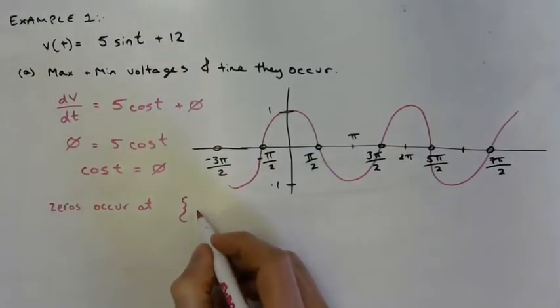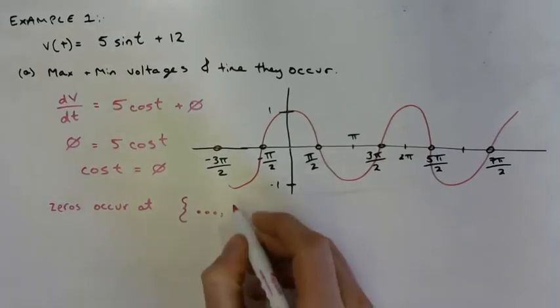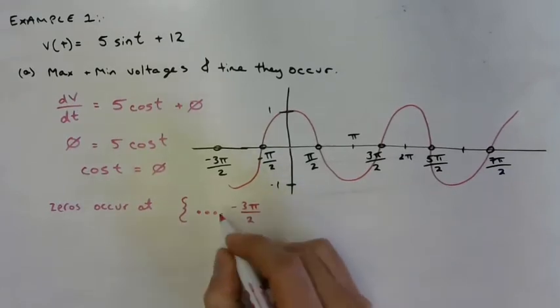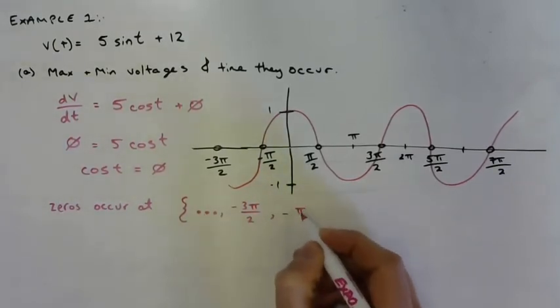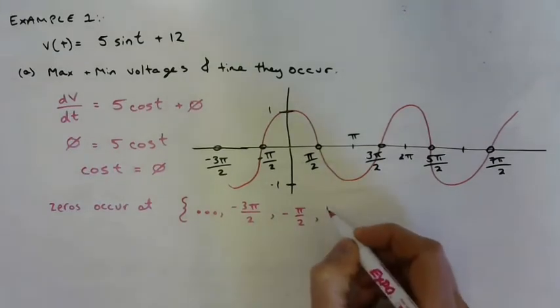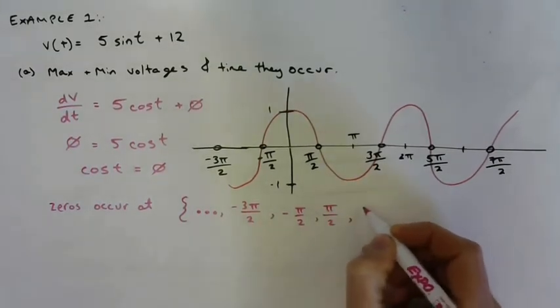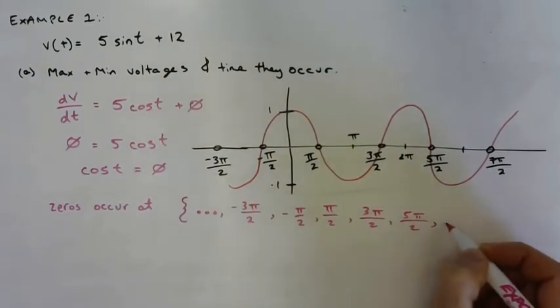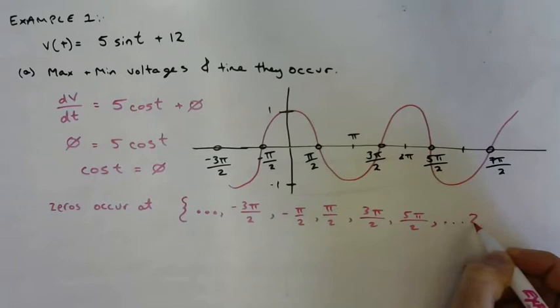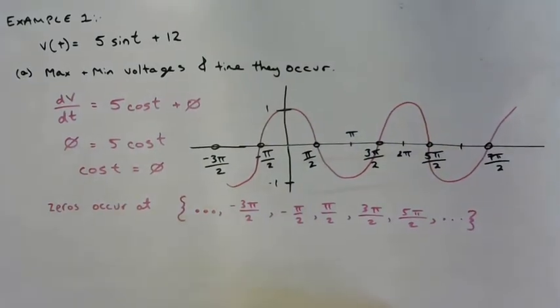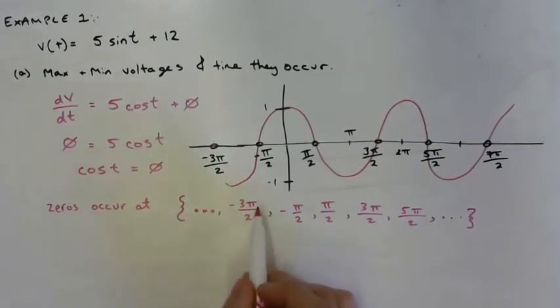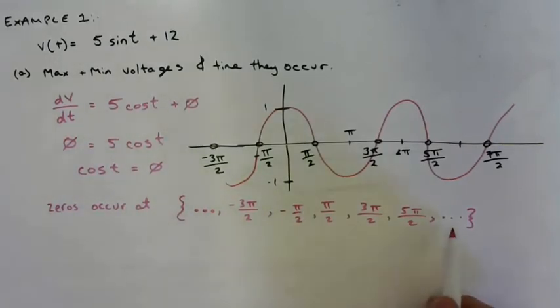So we're looking at an infinite number of negative zeros until we get to the zeros that we actually drew. Negative 3 pi over 2, negative pi over 2, working our way into the positives, pi over 2, 3 pi over 2, 5 pi over 2, and then it keeps on going infinitely. The ellipses, the dot dot dot, indicates that we're going all the way to negative infinity by multiples of these terms, and all the way to positive infinity by multiples of this term.